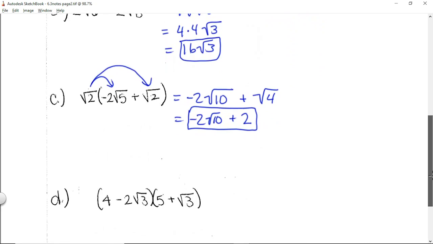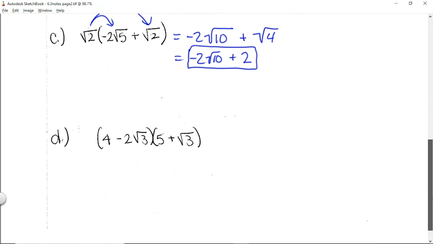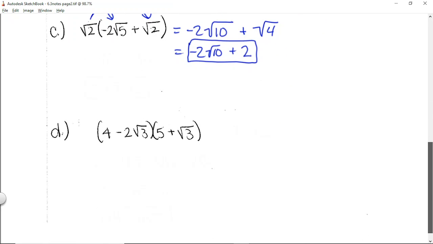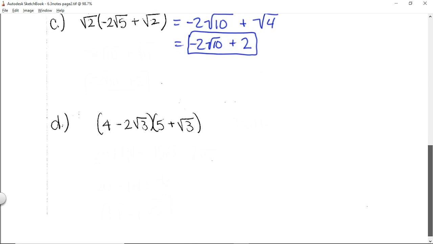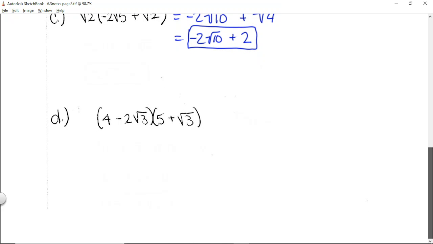Now the last example is distributing again, distributing twice because each number has both the rational part and the part with the radicand. So we have to, what we would call FOIL this, or you could call it distributing twice.